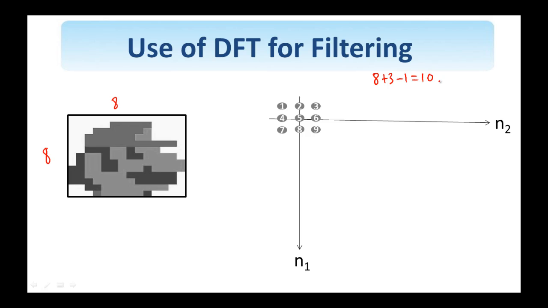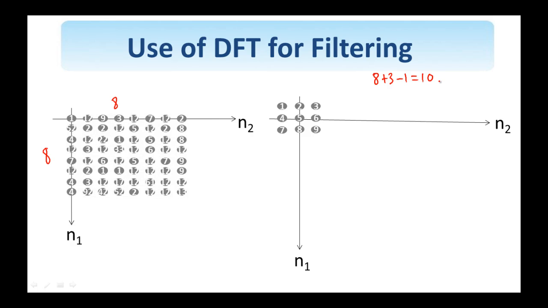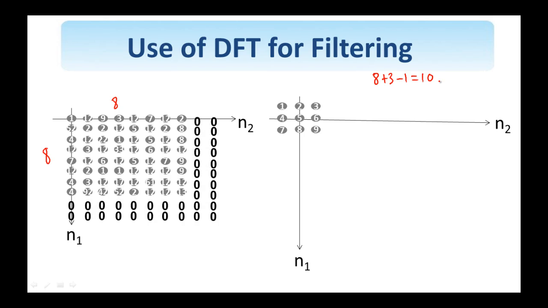So it's going to be a 10 by 10 image. So the steps I have to follow are the following. I'll take the original image and turn it from an 8 by 8 image to a 10 by 10 image. So I'm going to pad it appropriately with zeros as shown here.